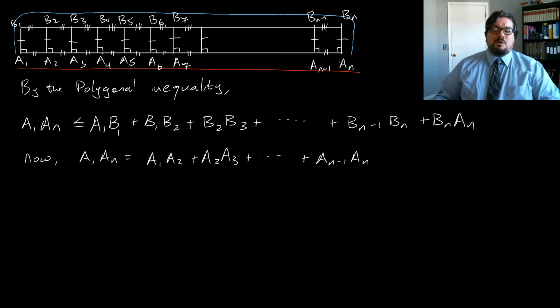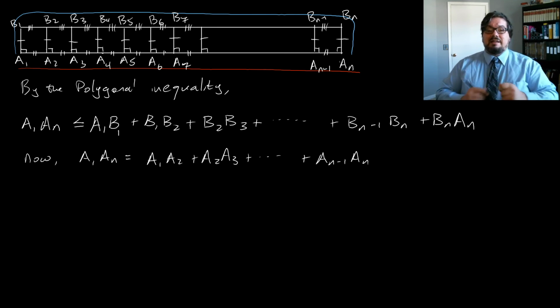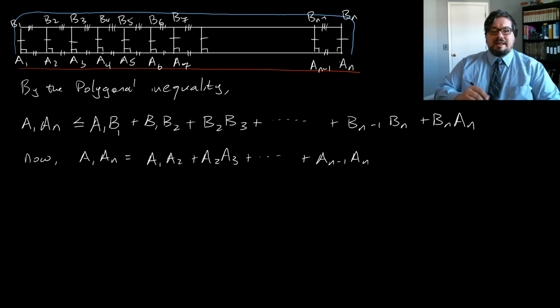And all the A points are in a line, and they all run in sequence. A2 is between A1 and A3, A3 is between A2 and A4, and so forth. So that actually means that the distance from A1 to An is exactly equal to these A1 through An distances.